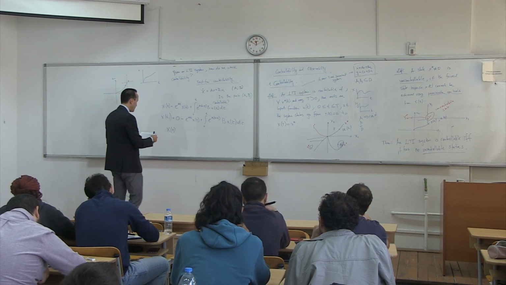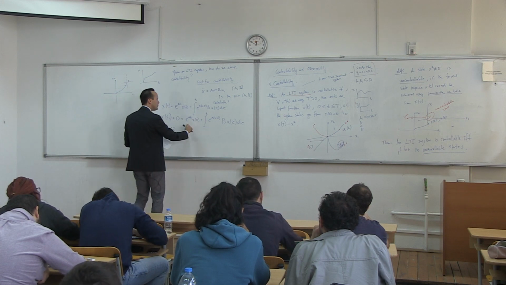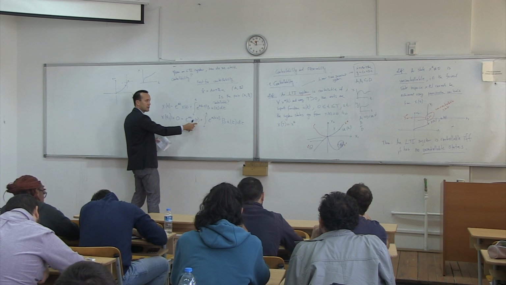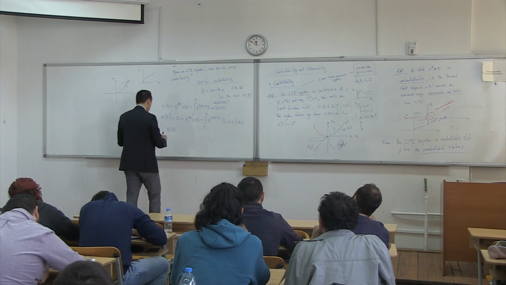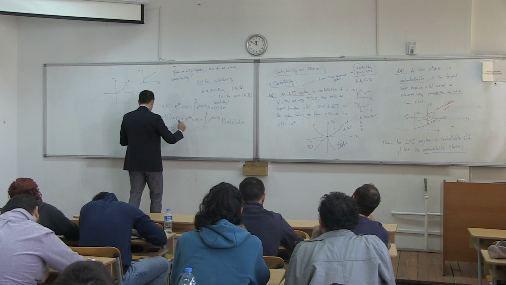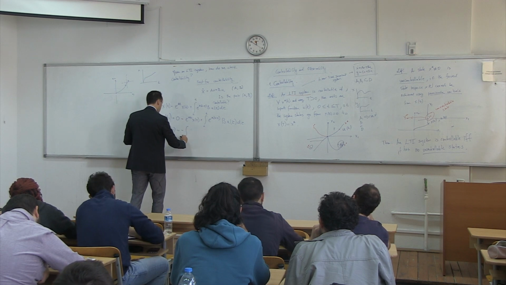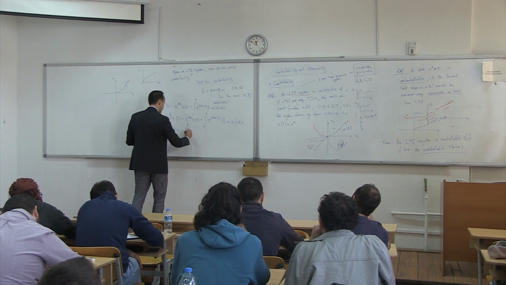Okay, so rewriting x0. I'm trying to see if I have a solution for x0 given the u now, right? It's the reverse problem.